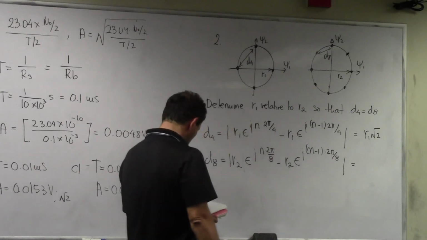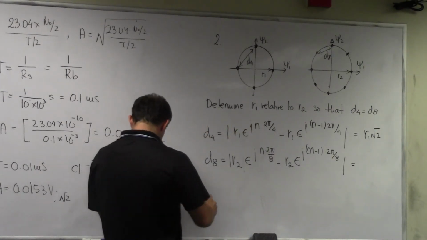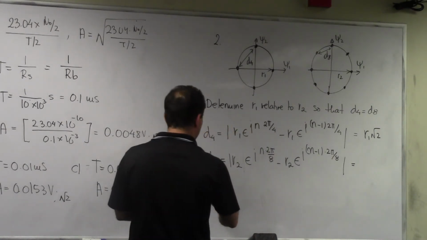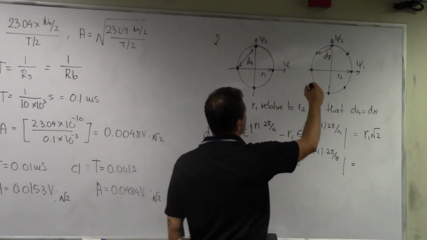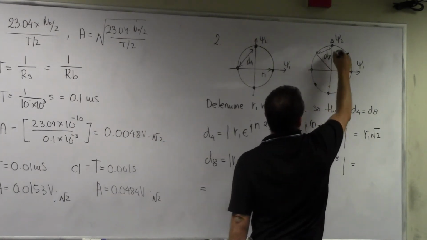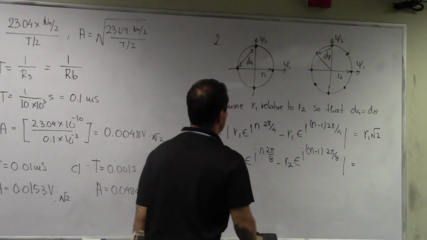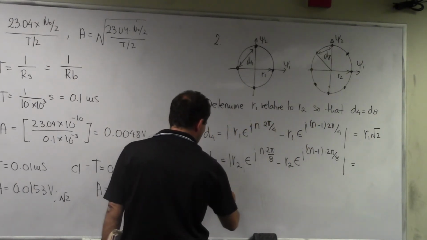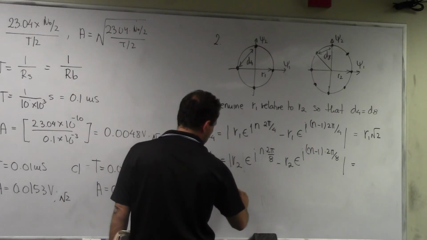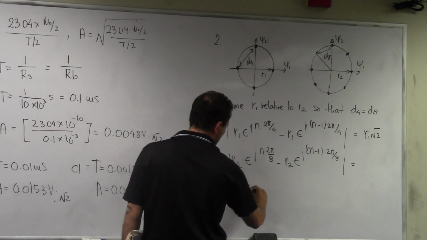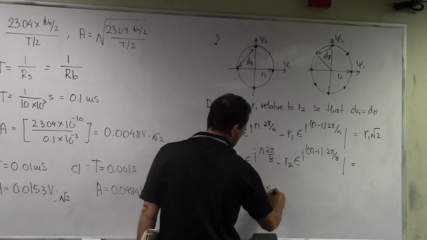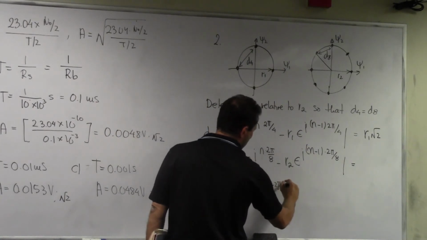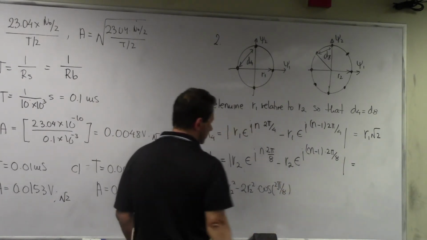How do I calculate that? I can write this formally, but then I calculate it directly from this constellation. You can see that this distance is equal to R2 squared plus R2 squared again, minus 2 R2 squared times cosine of 2 pi over 8.